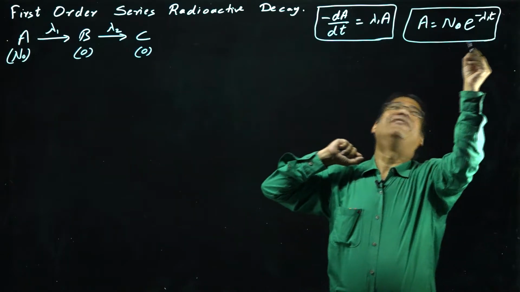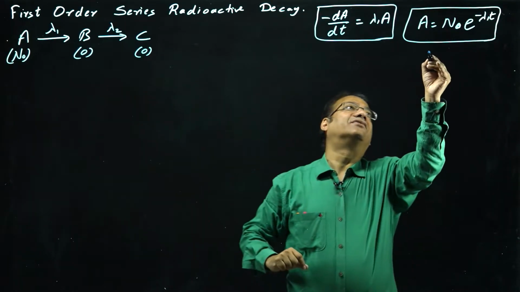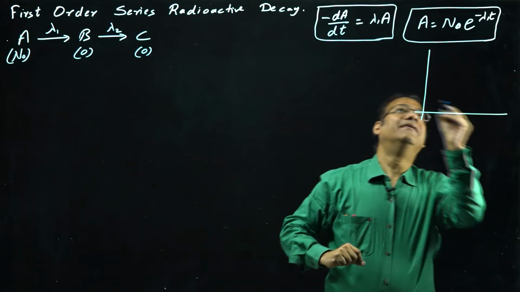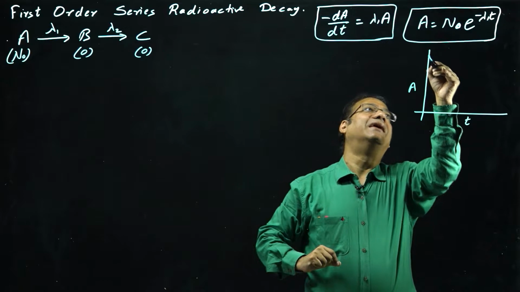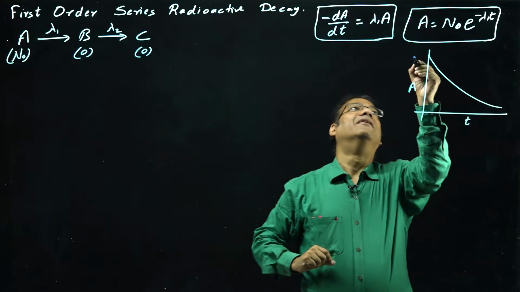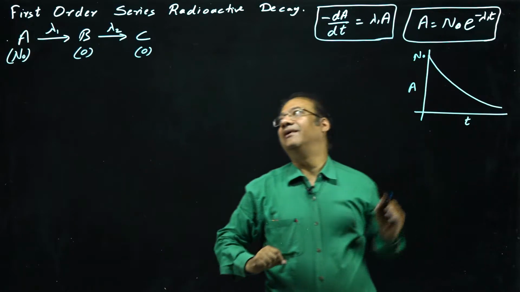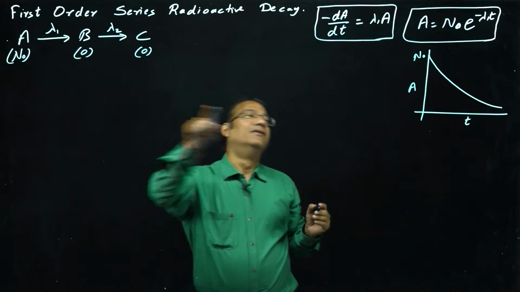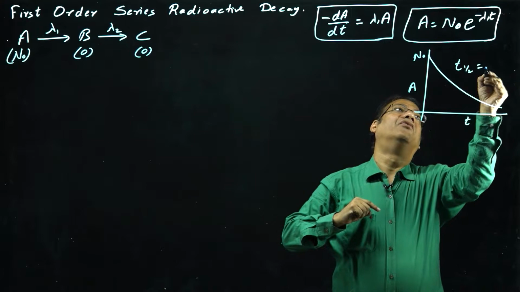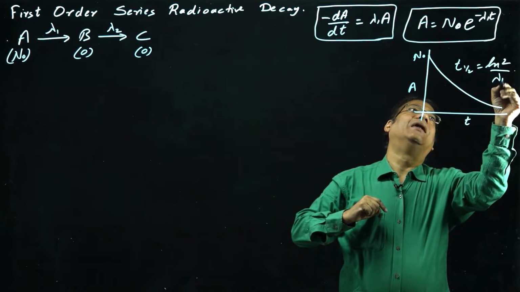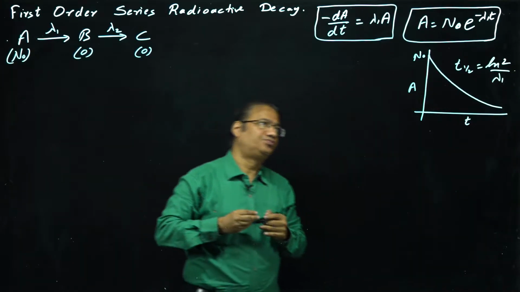This is the variation of A with time and it's called exponential decay. A varies with time like this. Initially at 0 time A is n0 and this exponential decay will have half-life of ln 2 by lambda 1. This is well known to you.